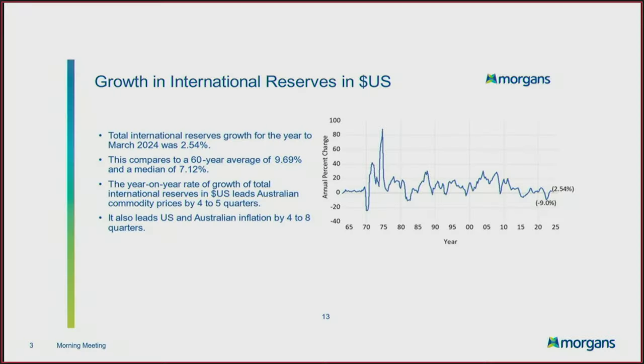And what that's done in the first slide is it generated a slump in international reserves to minus 9% in 2022, and that was the lowest growth in international reserves since Paul Volcker was chairman of the Fed back in the early 80s.